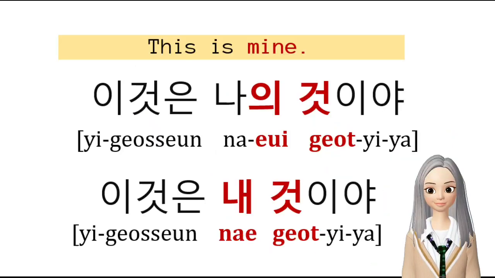For example, the sentence, this is mine. 이것은 나의 것이야. Short form, you can say 이것은 내 것이야.